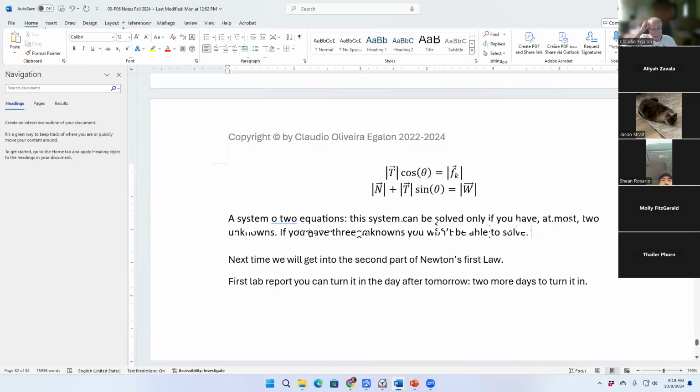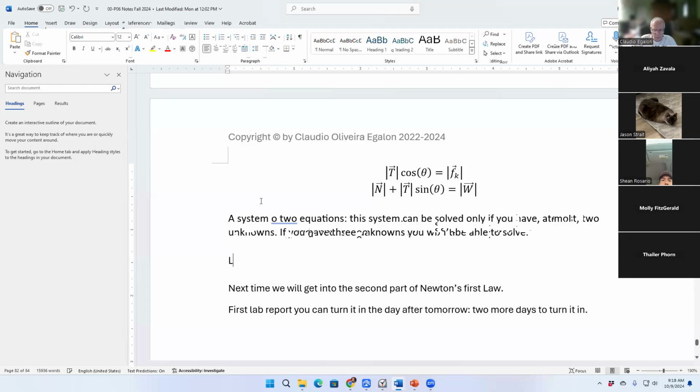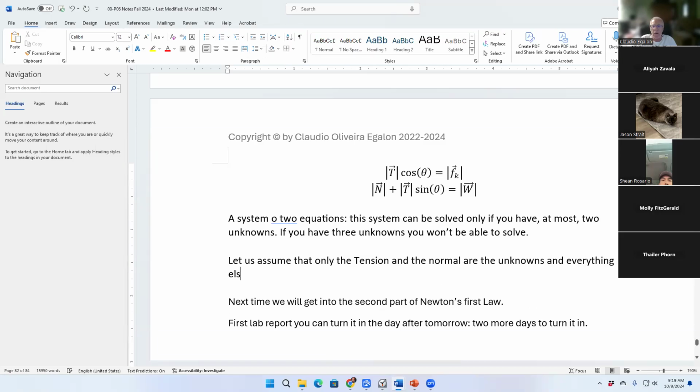Let us assume that only the tension and the normal are the unknowns, and everything else is known.